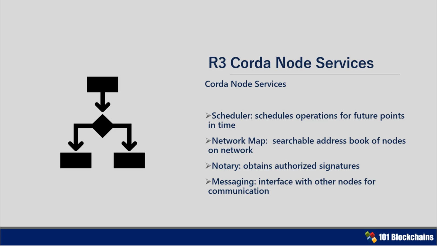A notary is what's going to effectively obtain authorized signatures and validate that the transaction is valid. And we'll talk more about a notary coming up. And then we have messaging. This service is going to communicate with other nodes. This is really where the peer-to-peer communication occurs.